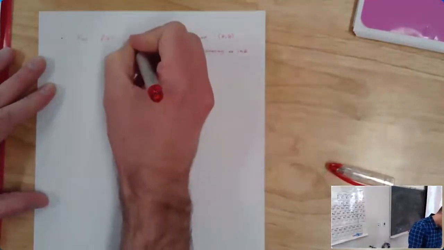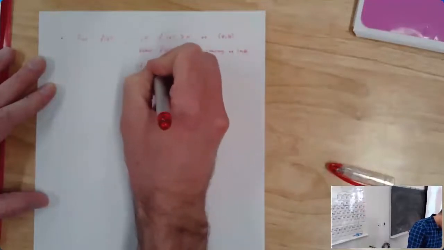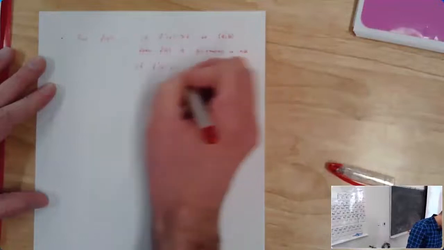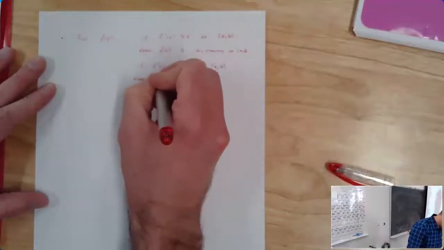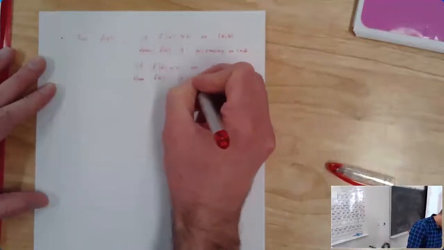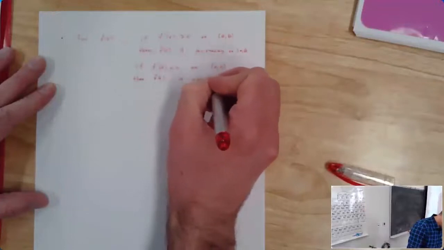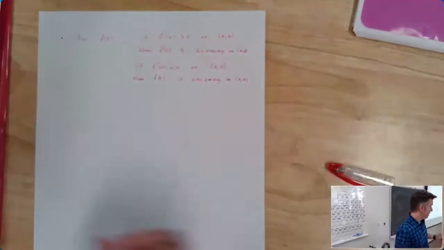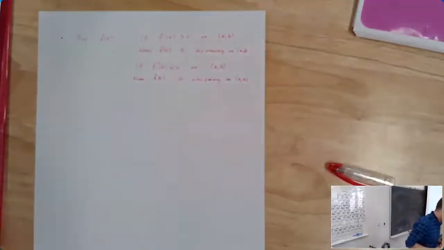Similarly, if the first derivative is less than 0 on some interval, then the function is decreasing on that same interval.